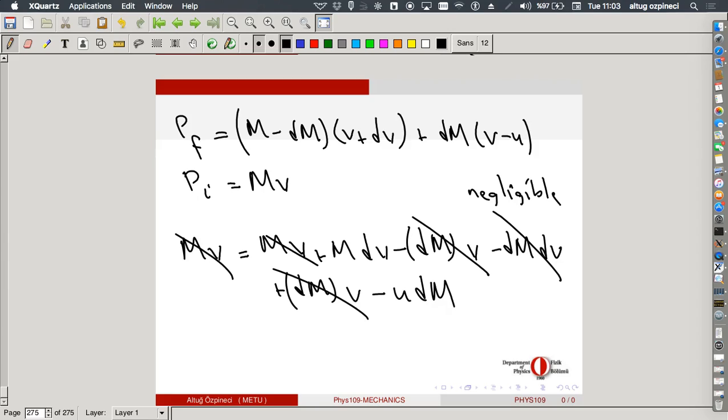So typically, let's say this dv will be of the order of 10 to the power minus 5 times the initial velocity. dm will be 10 to the power minus 5 times the initial mass. So all these terms will be of the order of 10 to the power minus 5, let's say, in suitable units. This product, dm times dv, will be 10 to the power minus 10 in suitable units. So this is much, much negligible compared to the other ones. So these two terms should also cancel and give me 0. M times dv should be equal to u times dm.